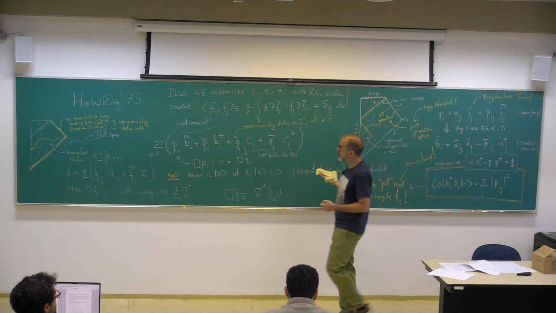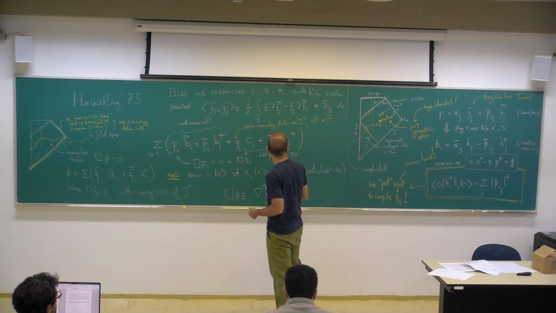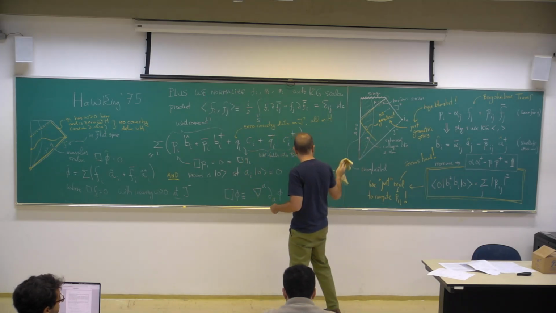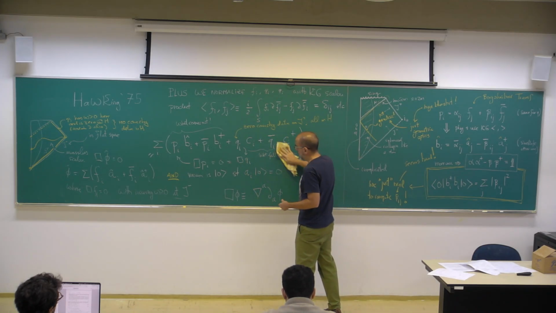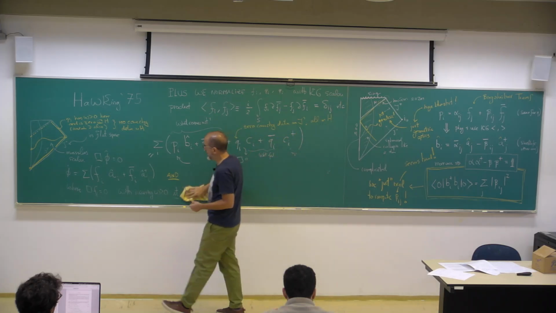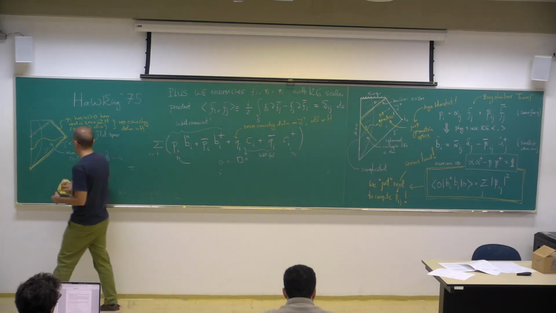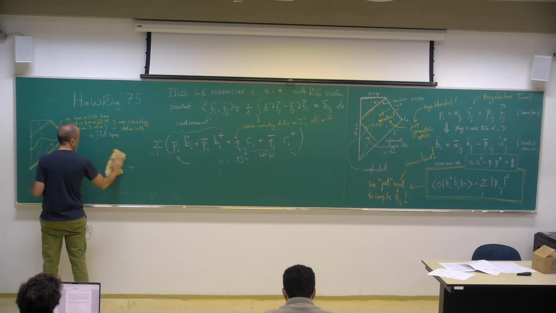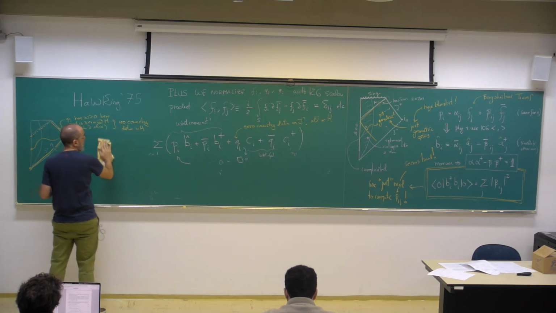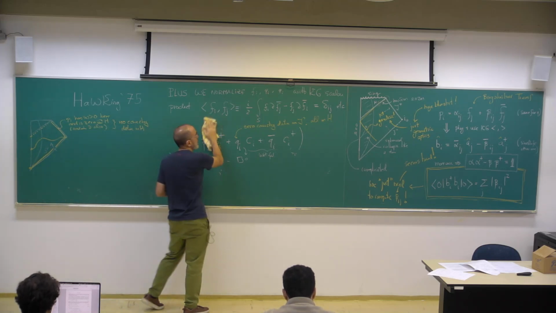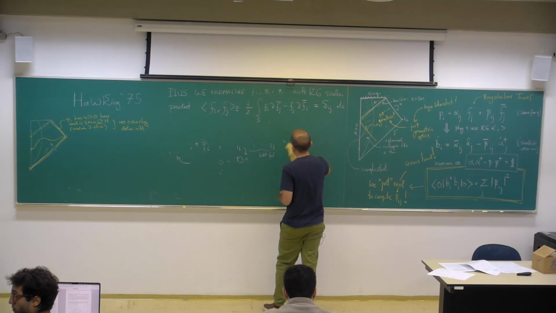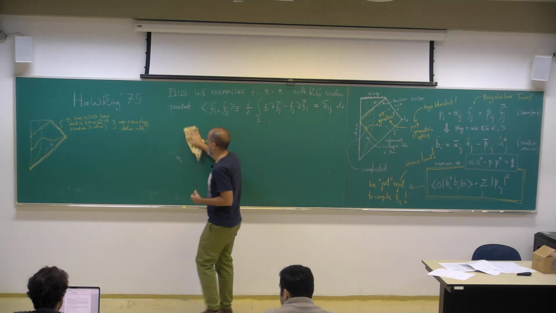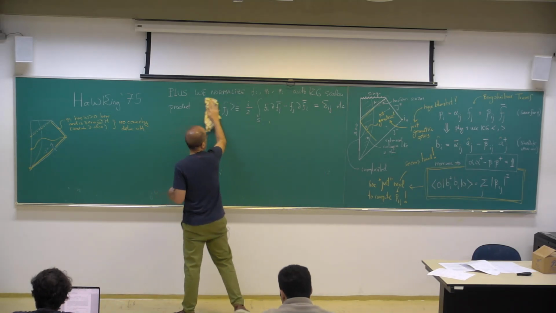And so all we need to do is find this coefficient, so find the change of basis, so find how a simple incoming wave behaves when I go to the future. Or conversely, I can start with a mode in the future and ask how does it behave when I go to the past.